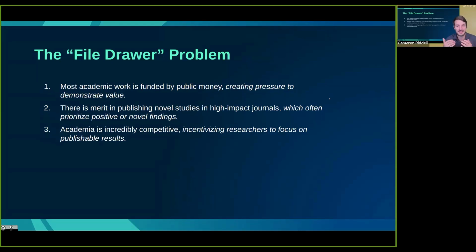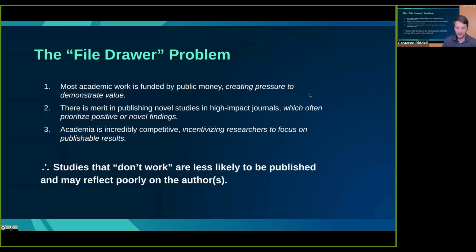Because by having these publications, our future funders, our future hirers are going to look more positively on us. And so academia is incredibly competitive, and this incentivizes us to focus on publishable results. By focusing on publishable results, we are always chasing these very novel studies, trying to publish in high impact journals, and we want to demonstrate value from the funding that we have received.